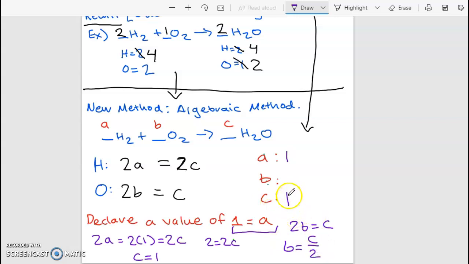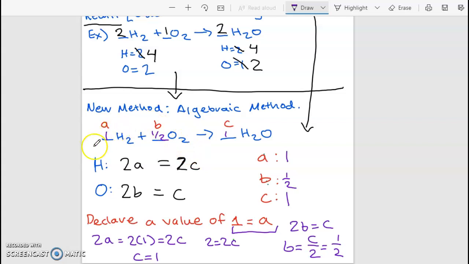That becomes 1 divided by 2, and B is 1/2. So I just solved the values, the coefficients, by declaring a value of 1 for A. And I'll show you different values in just a moment. But if you see here, we can say 1, 1/2, and 1 for the coefficients.